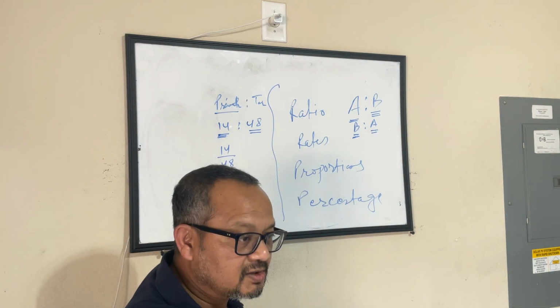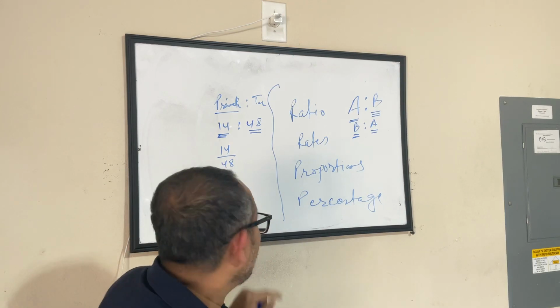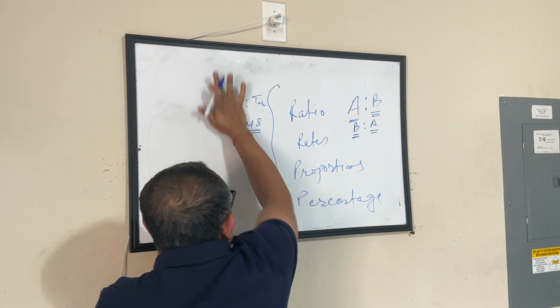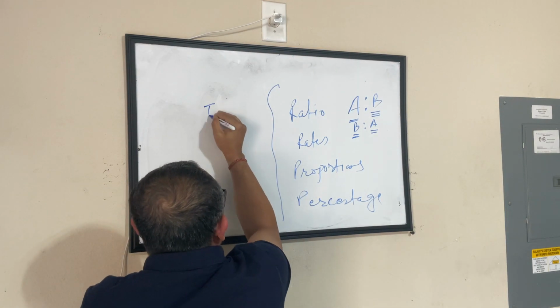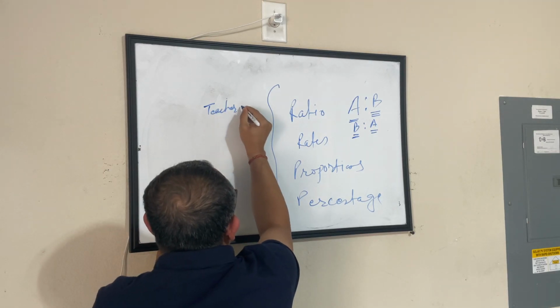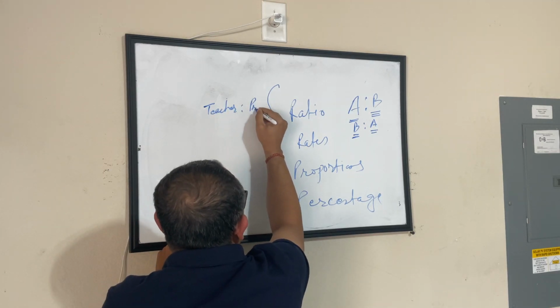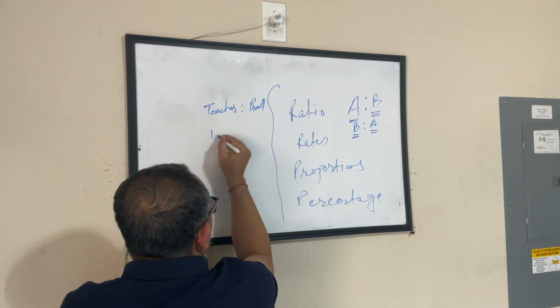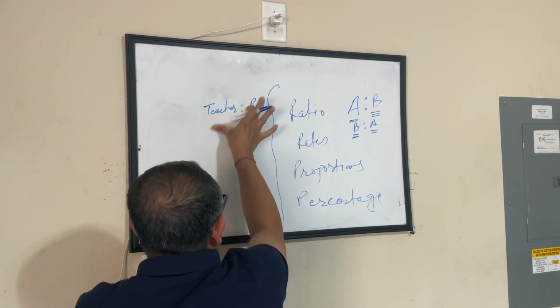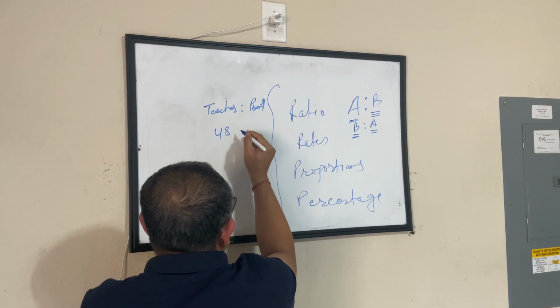Almost like 1/4. Yeah? However, if I say teacher's age to Pranit's age, teacher is not 14. I wish I was.